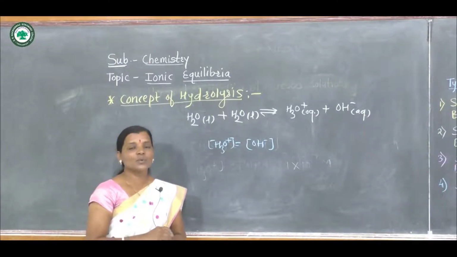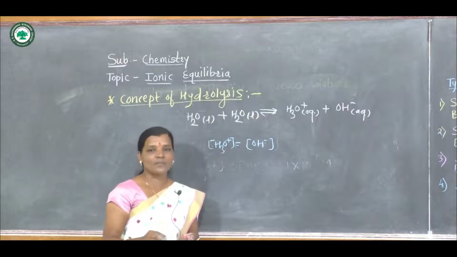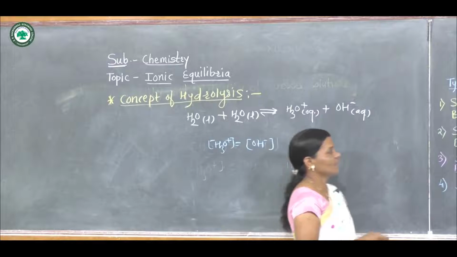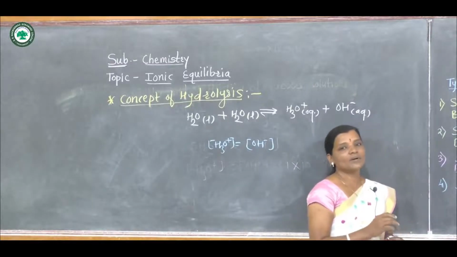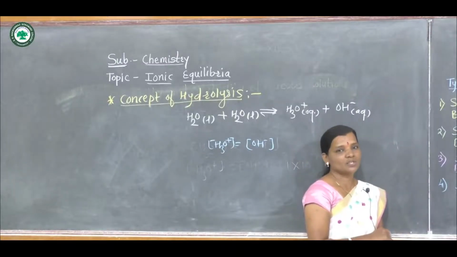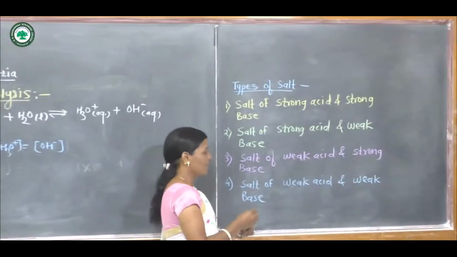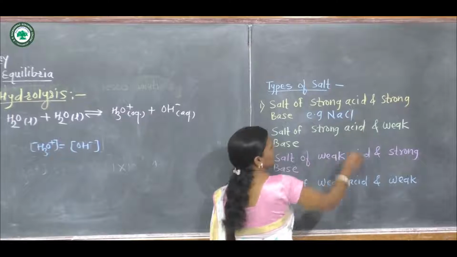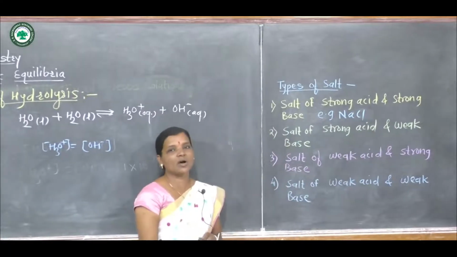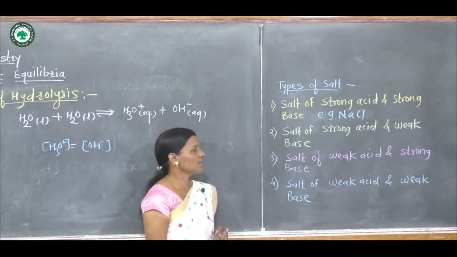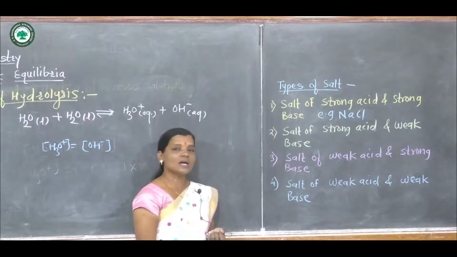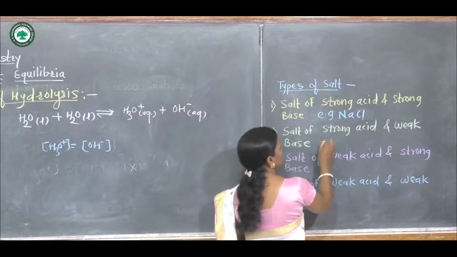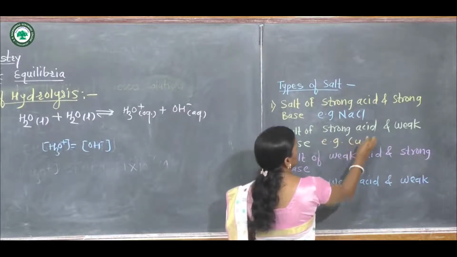Now let us see the types of salt. First one is the salt of a strong acid and a strong base, for example, NaCl. Now the second type is the salt of a strong acid and a weak base, for example, copper sulfate.